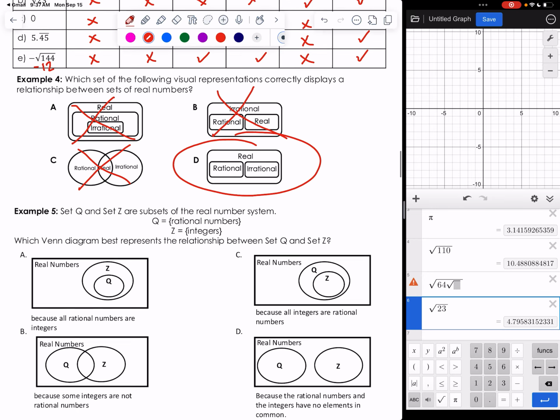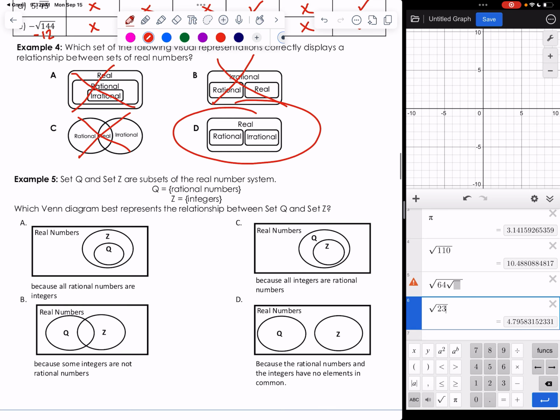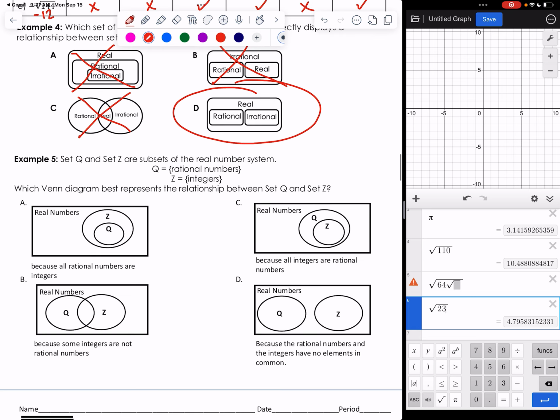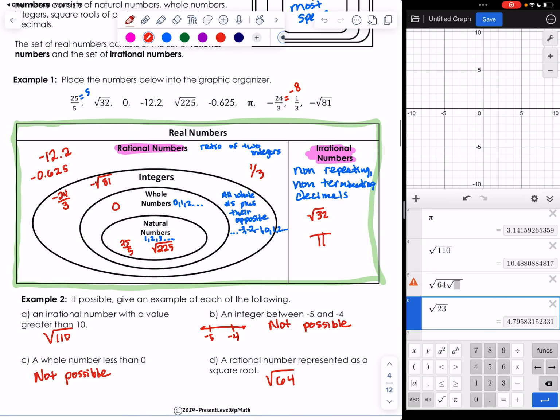All right. In example 5, set Q and Z are subsets of the real number system. And it says that set Q is rational and set Z are integers. So let's just think about this real quick. Remember, in our real number system, let's look back here.